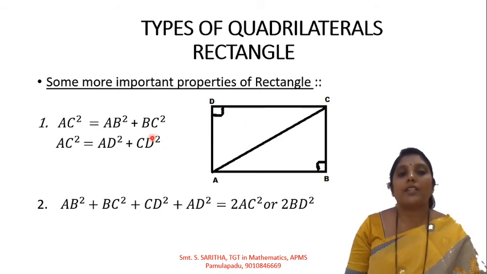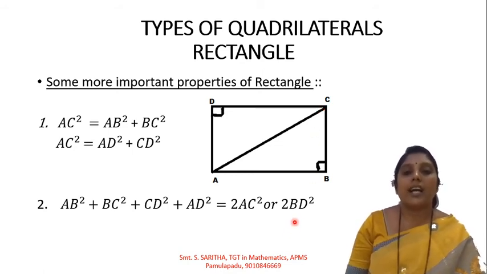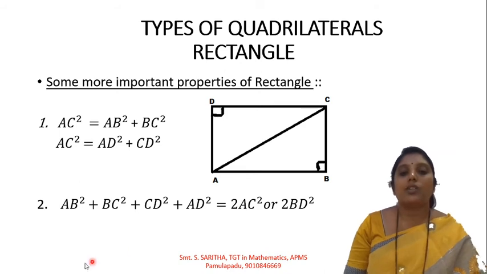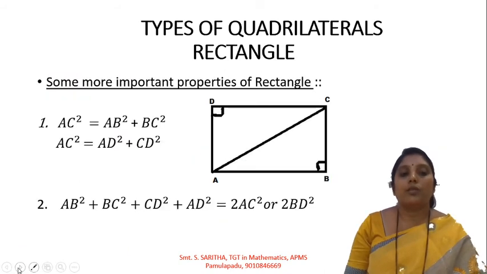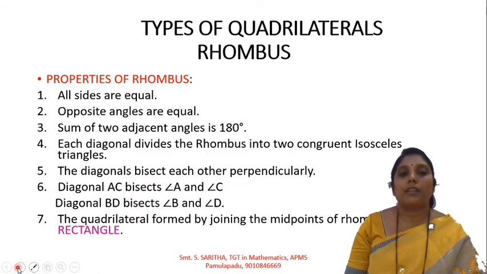From these two equations, we can say that AB square plus BC square plus CD square plus AD square is equal to 2AC square or 2BD square. Why? Because the diagonals are equal in a rectangle. So, this is about the rectangle.